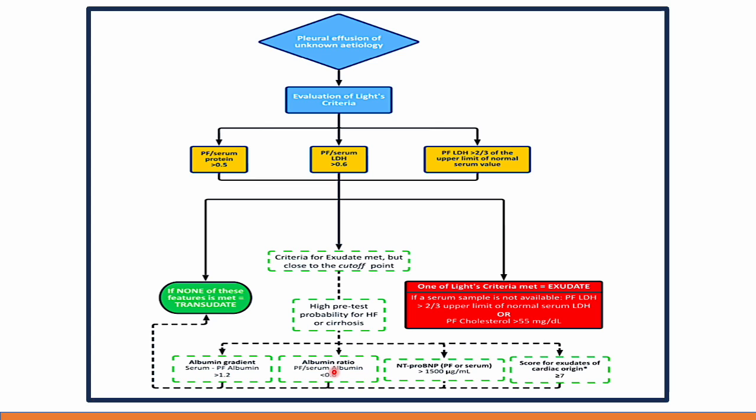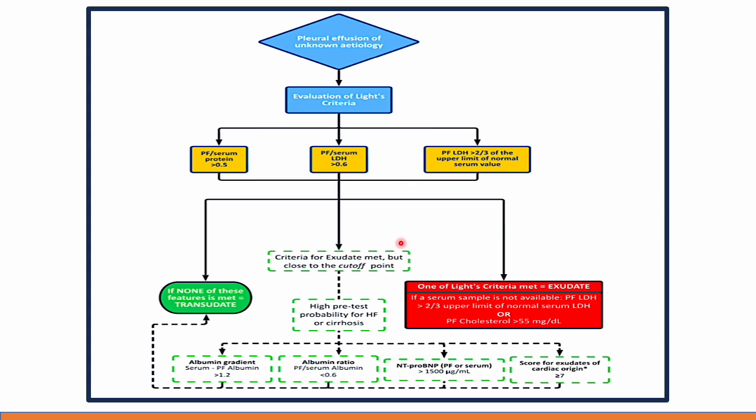If the NT-proBNP in the pleural fluid or the serum is more than 1500, there's a very high likelihood, or rather it is almost diagnostic, that this is a transudate because of heart failure. And if the score for exudates of cardiac origin, from the Porcel scoring system as I had mentioned, is more than 7, again it signifies a transudate. So if none of these criteria were met, it's a clear transudate.